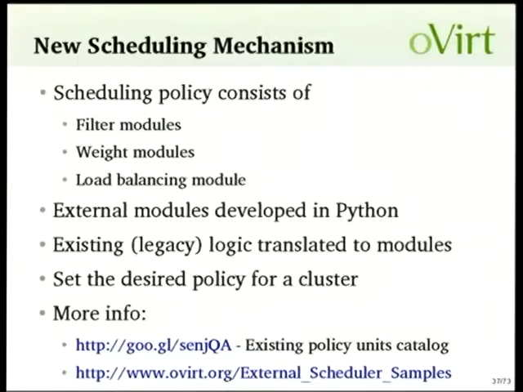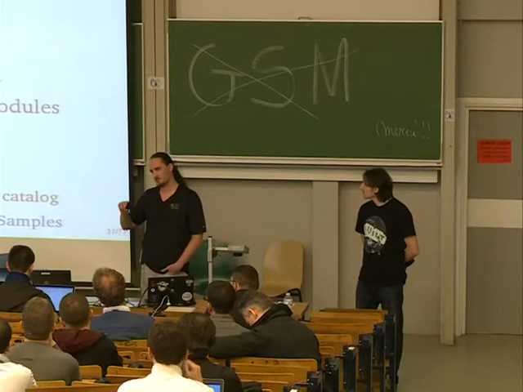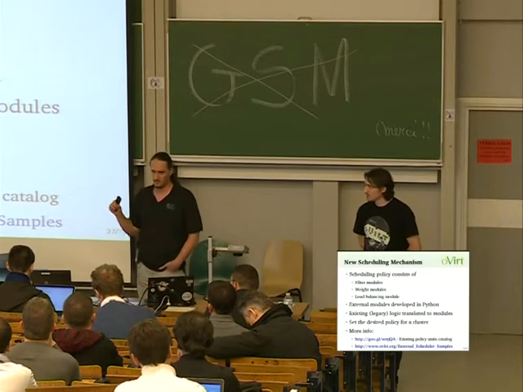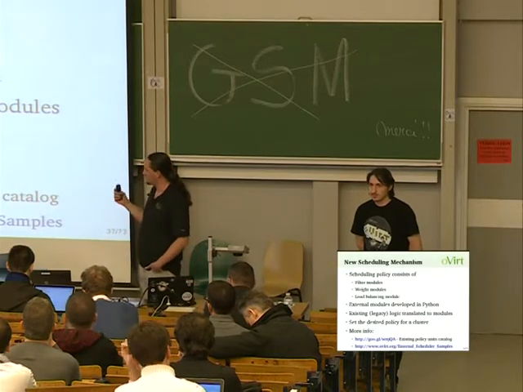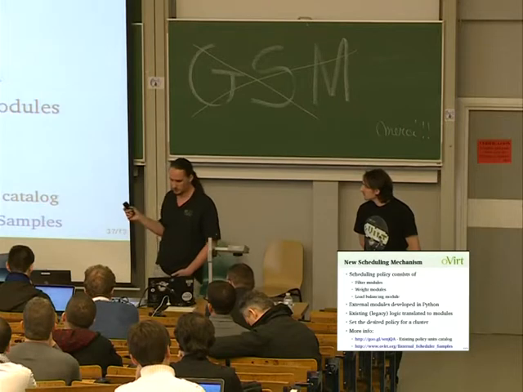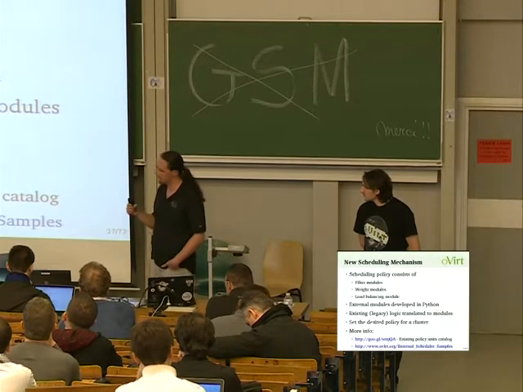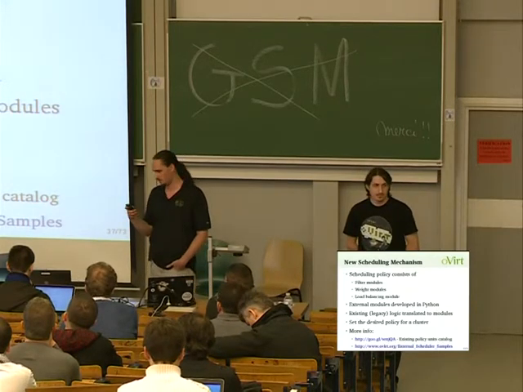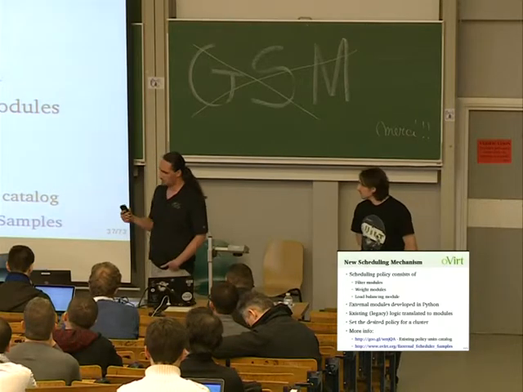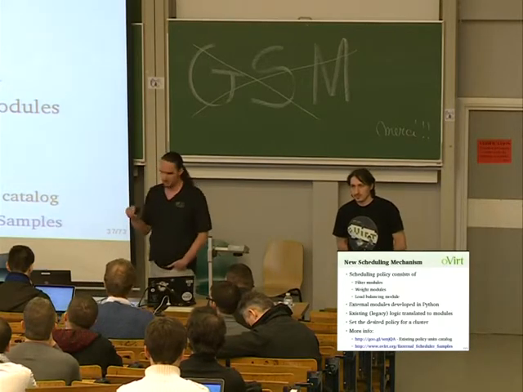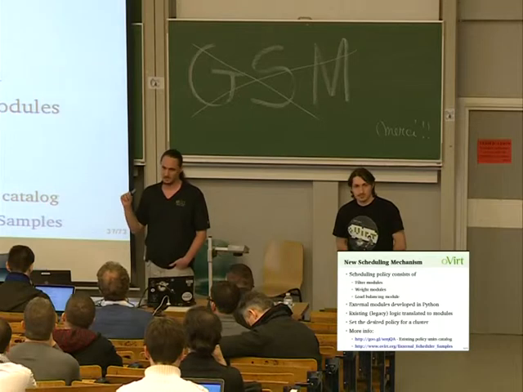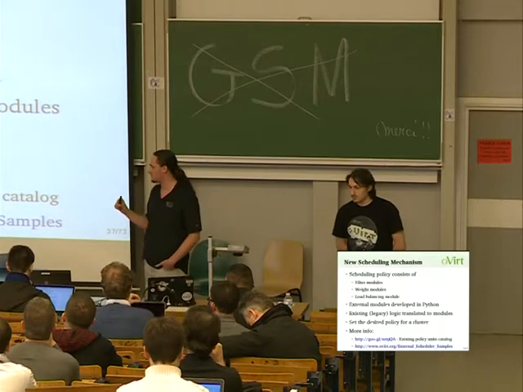So the new mechanism actually changes the entire picture. We have a scheduling policy, which is a policy that you select per cluster level. And on this scheduling policy, you can put filter modules, for filtering the hosts that we select. Weight modules, that if you have a couple of hosts left, decide which host is the best.